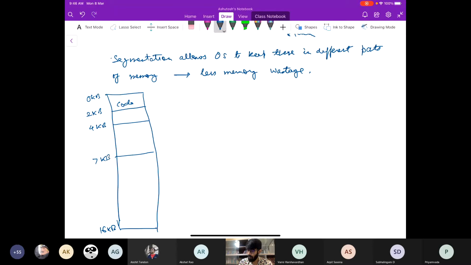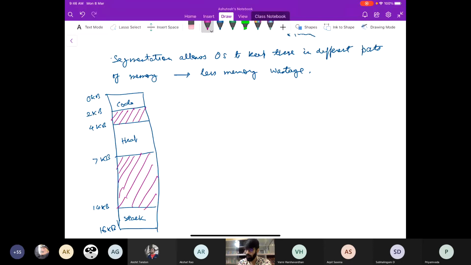And the stack was from, let's say, 14 to 16. So this was heap, this was stack, and the remaining is free. Let's assume that the pink things are free.